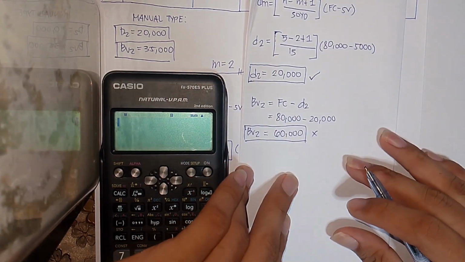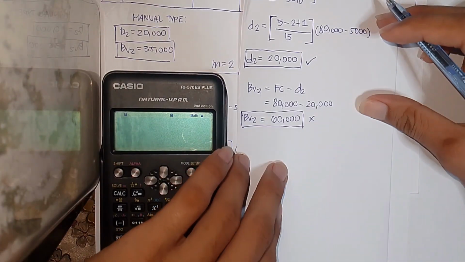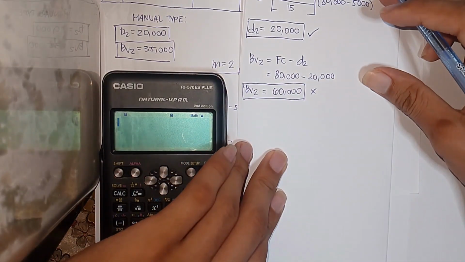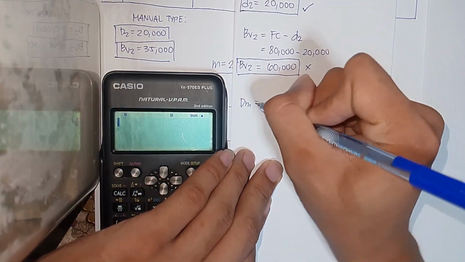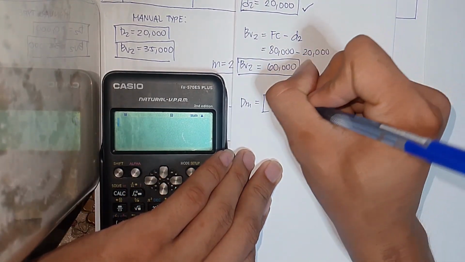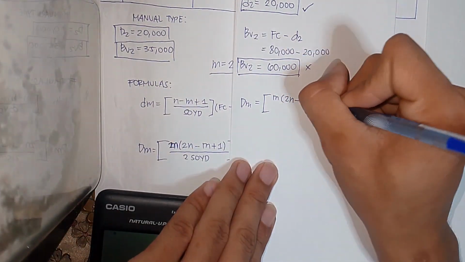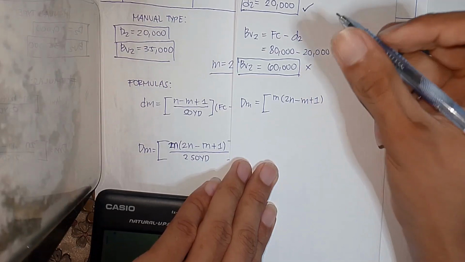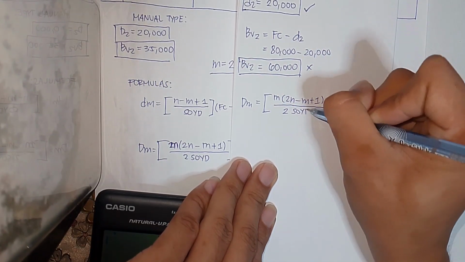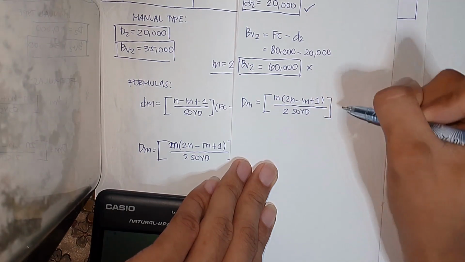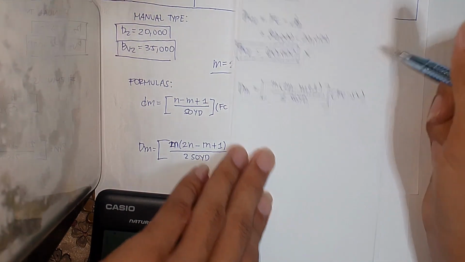So to get the book value for the end of year 2, we need to try the second formula, which is Dm is equal to m (2n minus m plus 1) over 2 SOYD times FC minus SB.